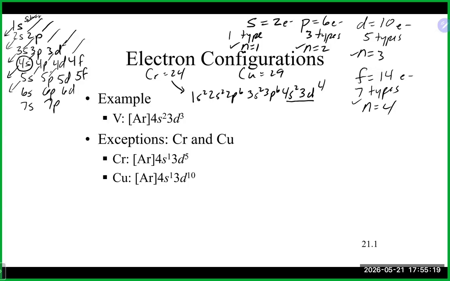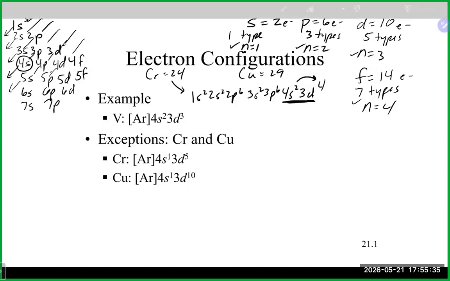Once again, the exception happens here. It's been found experimentally to have a little bit more stability by having an extra electron in the d and one less in the s.